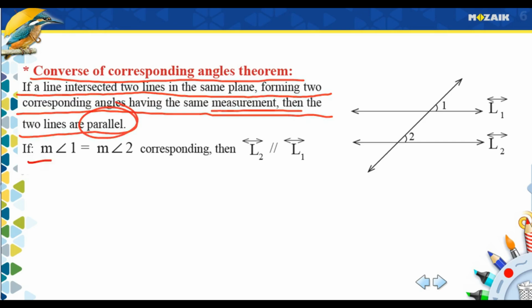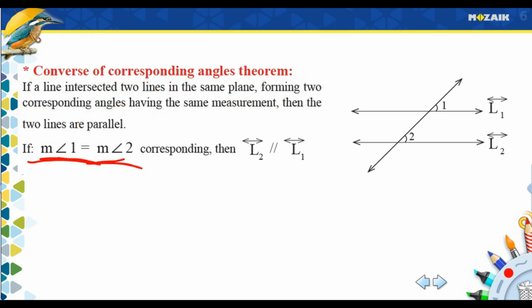If measure angle 1 equals measure angle 2, corresponding angles, then line 1 is parallel to line 2. That is the converse of the corresponding angles theorem.